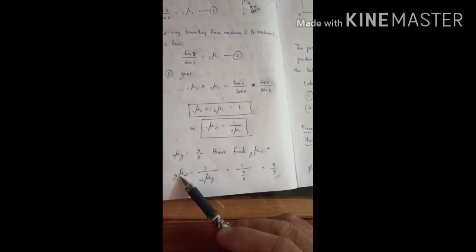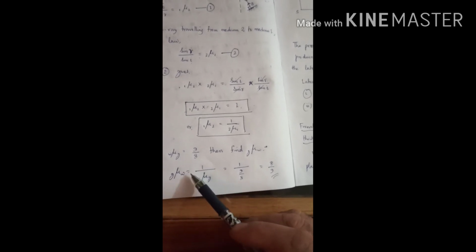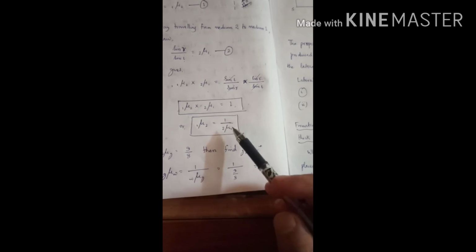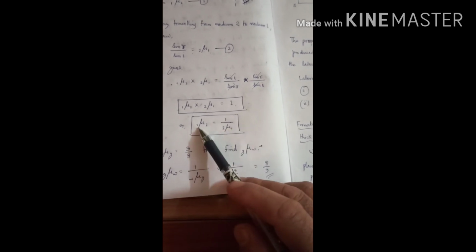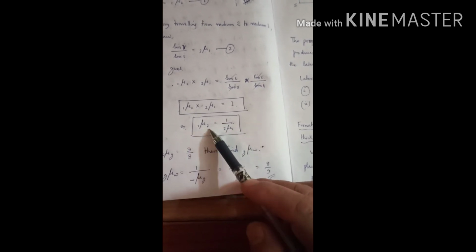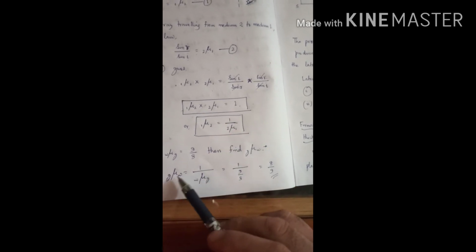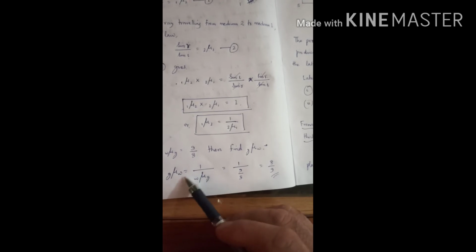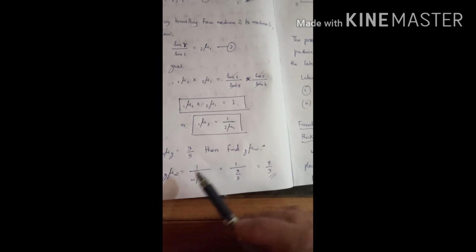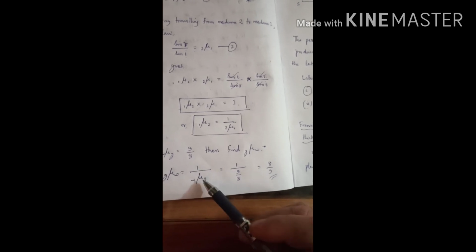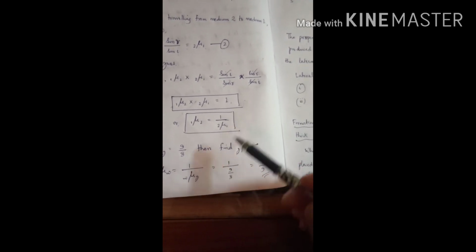So we know refractive index of glass with respect to water. You can write like this. Here you have 1μ2. It can be written as 1 divided by 2μ1. So if we apply the same principle here, WμG is equal to 1 divided by GμW, following the same principle.